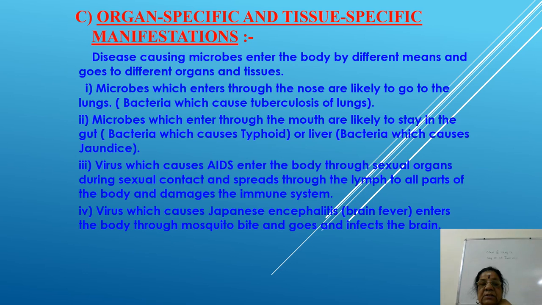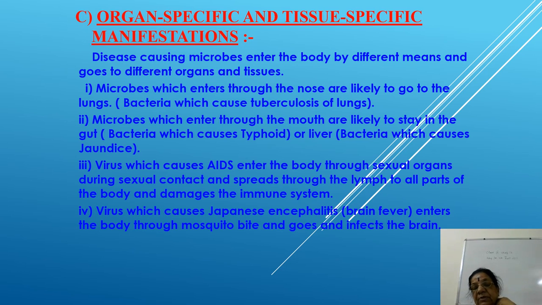So first, through air, it affects the lungs, through the nose. Through the mouth, it first affects the digestive system, the gut. Then bacteria cause the disease typhoid. The bacterial agent is called Salmonella typhi.